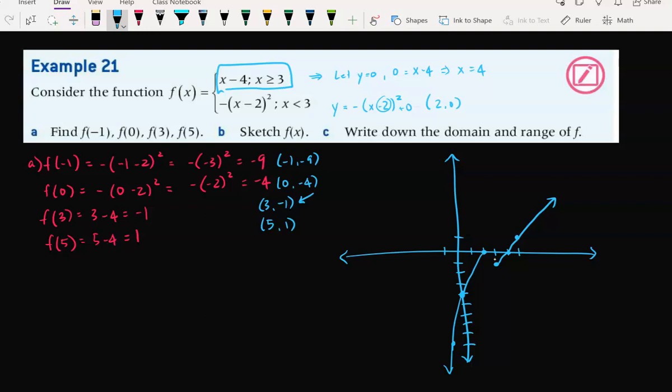But we don't know if that actually connects. We can assume we can connect these two lines, but we have to actually put f of 3 into the quadratic, even though it's not part of that stated domain, okay?